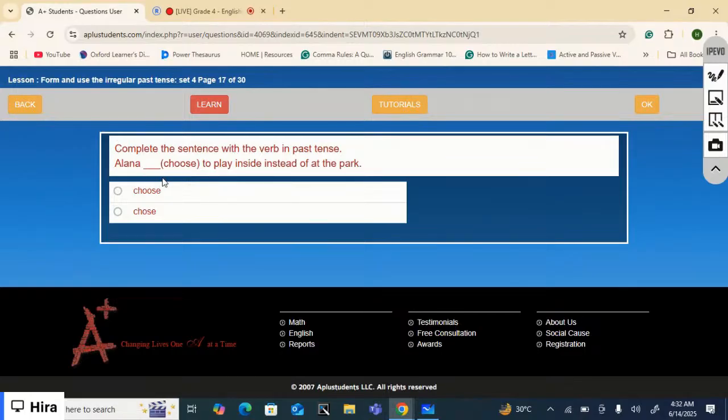Alana planned to play inside instead of at the park. So the verb is choose. Complete the sentence with the verb in past tense. Is it choose or chose?